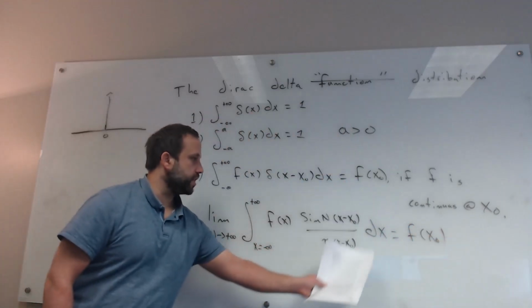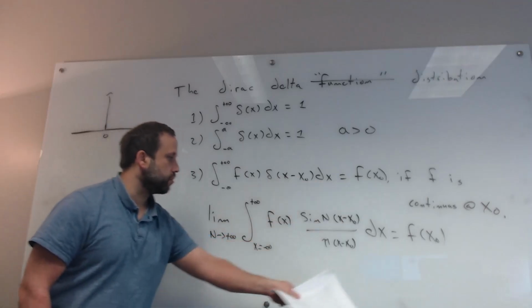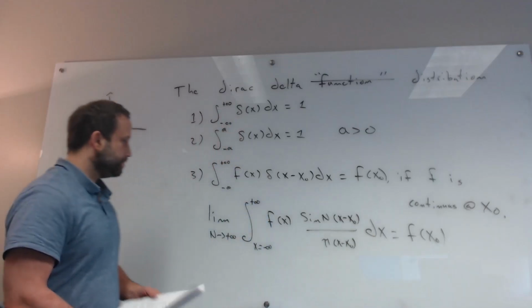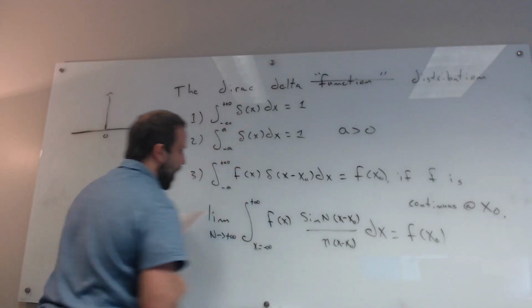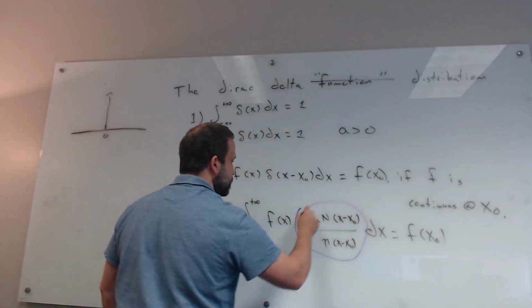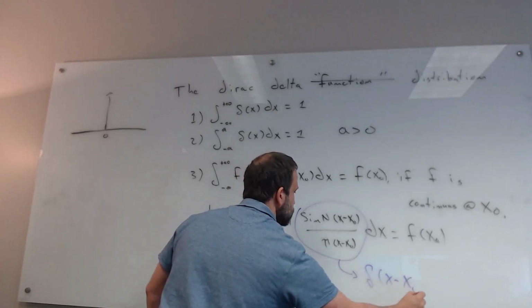If you compute this integral, it's going to depend on the parameter n and the parameter x naught. If you compute this integral and take the limit as n goes to infinity, it equals f of x naught. So in this way, we can say that the limit of these functions is equal to delta of x minus x naught.